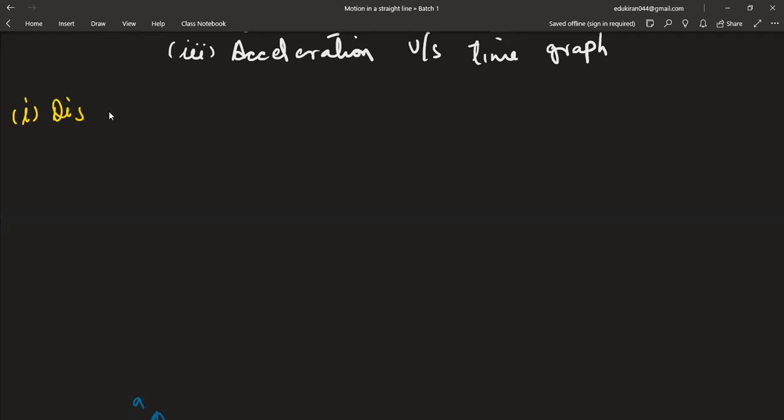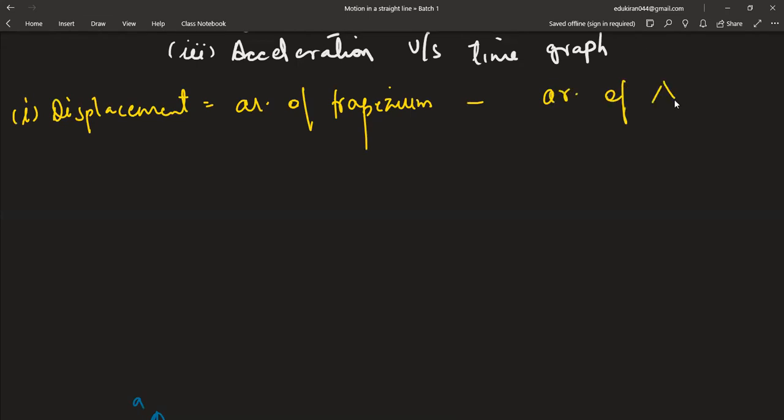When you are calculating displacement, it is the area of the trapezium minus the area of the triangle which is formed. So this is half into the sum of parallel sides.